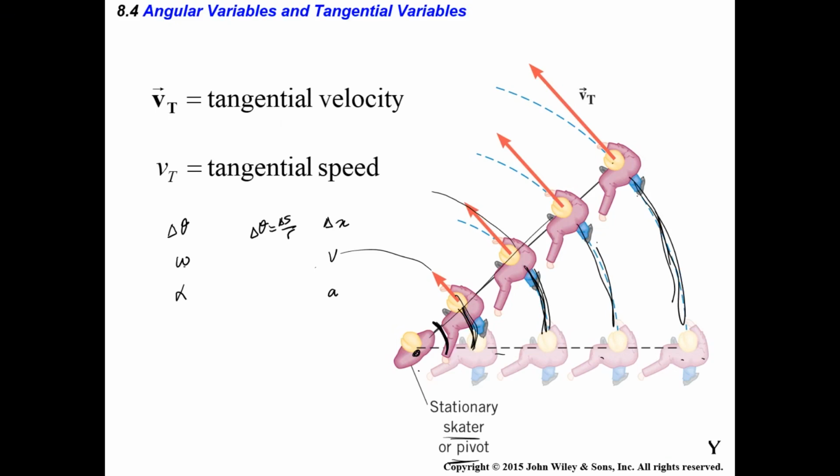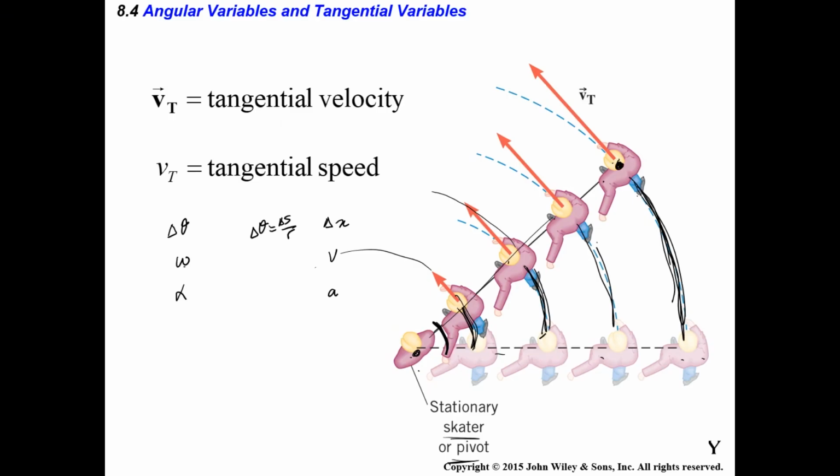Namely, the further you are from the stationary skater, the larger the arc that you have to cover. And this means that, translationally speaking, this person is covering a larger distance in the same instant because they're all still moving with each other along the same angular position.